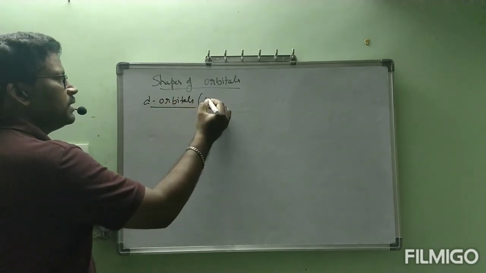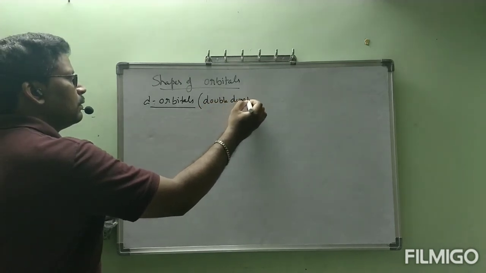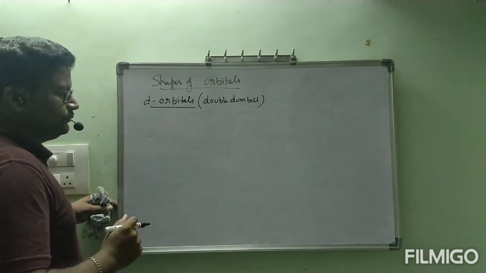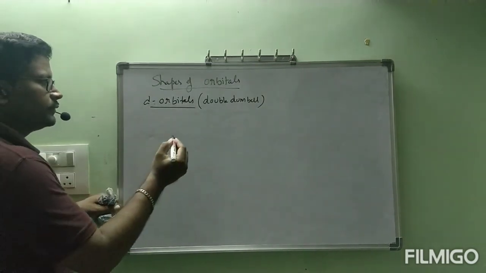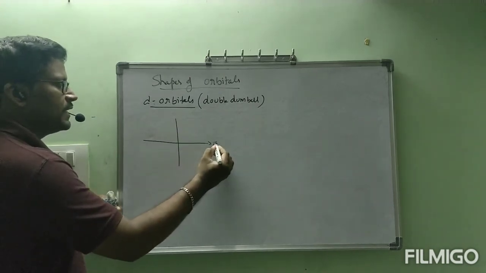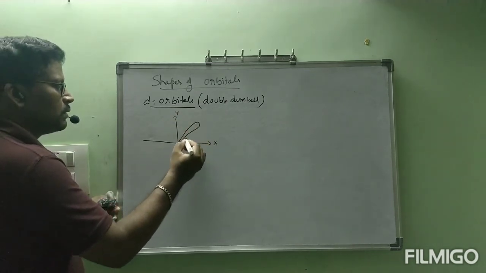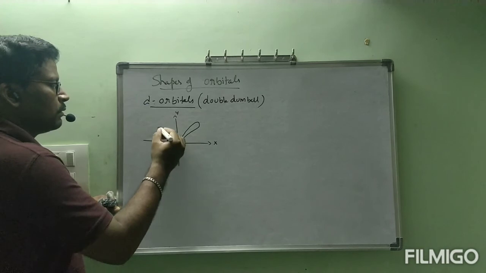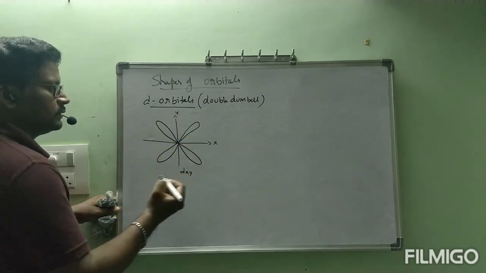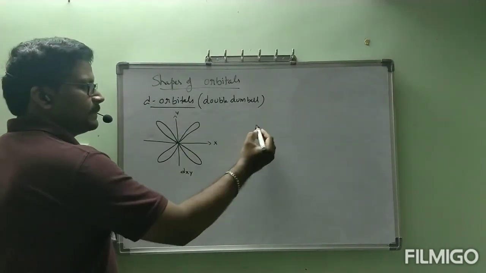D orbital shape name is double dumbbell. Total 5 are there. Okay, see. This is x-axis. This is y-axis. This is dxy. Name of this orbital is dxy. Next.